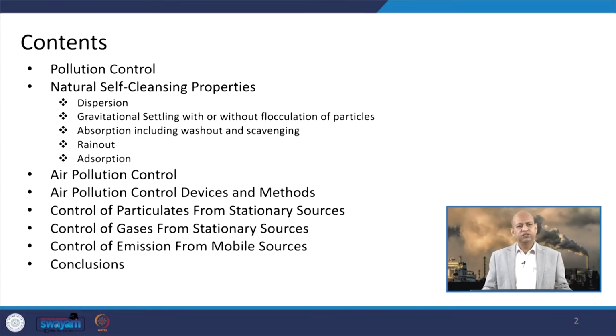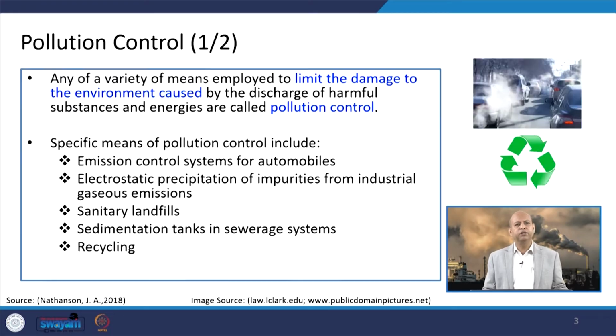And we will also discuss air pollution control devices and methods with respect to whether it is stationary source, mobile source or area sources, right. And then we will see specific control mechanisms or equipments which are used for stationary sources of emissions or mobile sources of emissions, and then we will conclude.